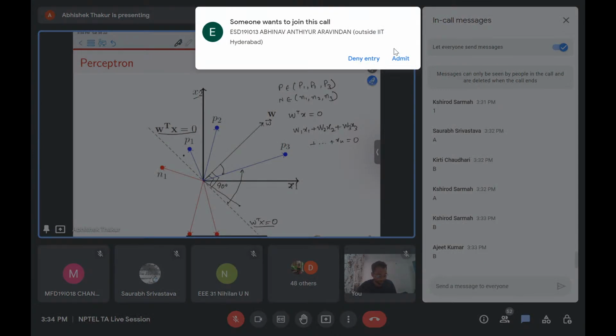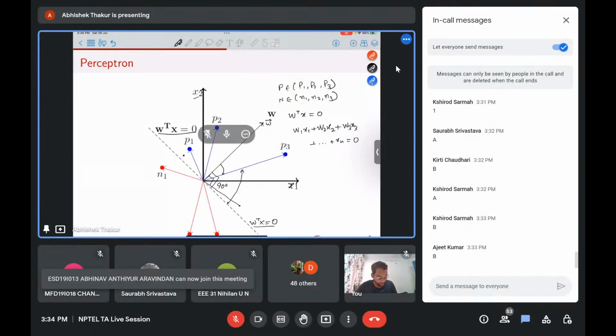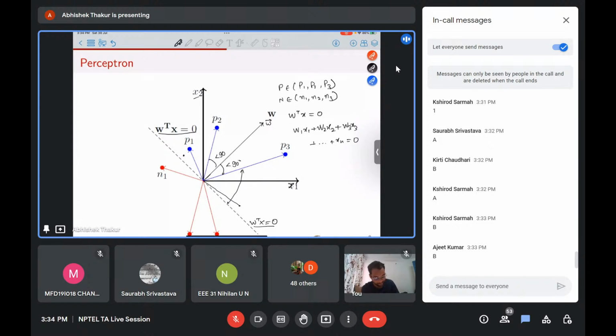P3 lies between the W vector and the W^T X = 0 line, so whatever lies here is less than 90 degrees because it lies just above the line. So for P3 it is less than 90 degrees, for P2 also, and for P1 also.